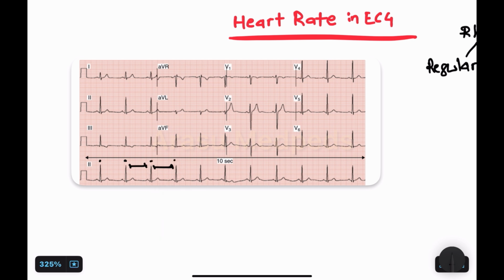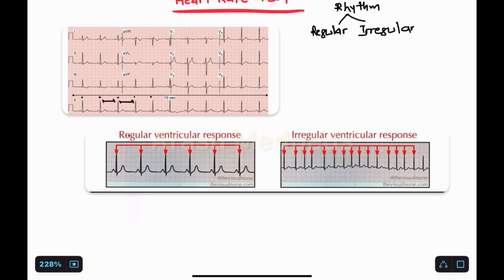So here we can clearly see, suppose we mark the tips of the QRS complexes. In this one, we can see that every beat is coming at a regular interval. So this is a regular rhythm, right?